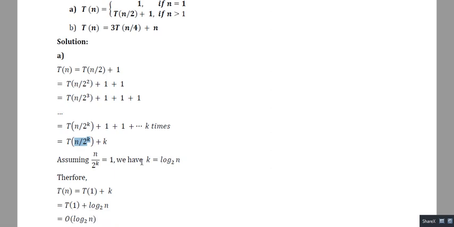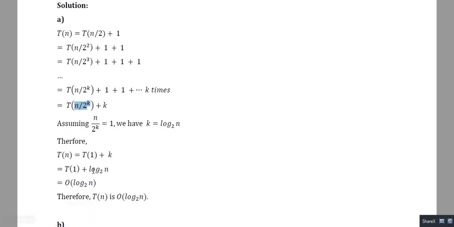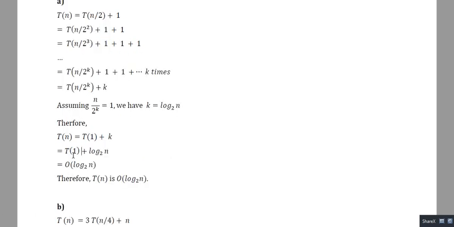Okay, so Tn will be what? T1, because the value of this particular thing is 1 as per assumption. So T1 plus k. So T1 plus k, where k is log n base 2, and T1 is given as 1. So 1 plus log n base 2. So out of this constant and log n, log n base 2 is asymptotically higher than any constant value. So this Tn is order of log n base 2.